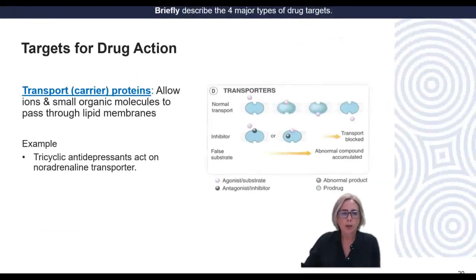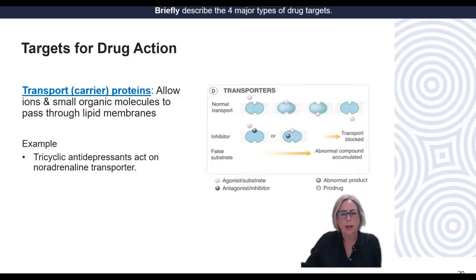And then finally, looking at these transport proteins or carrier proteins that span the plasma membrane. You're looking at one here, and they allow ions and small organic molecules to pass through lipid molecules. So here you can see an agonist or substrate binding there, and it's then transported from the extracellular side to the intracellular side.